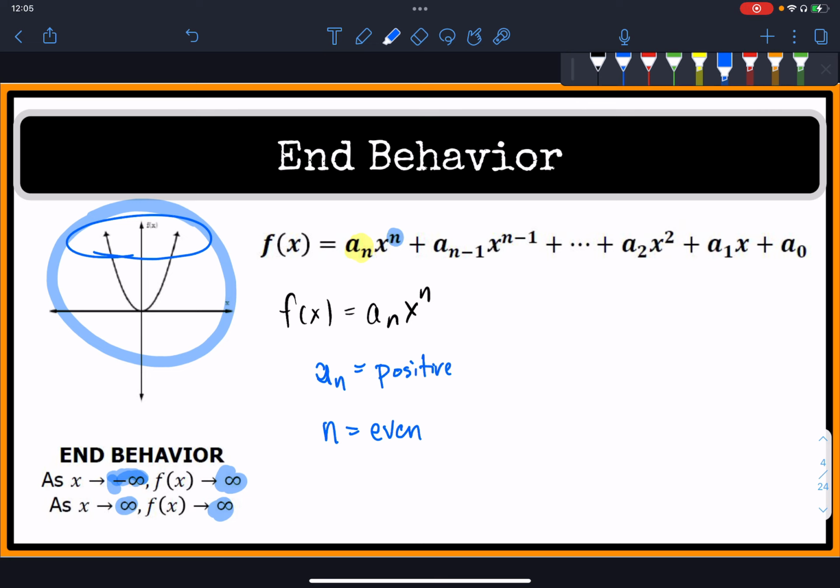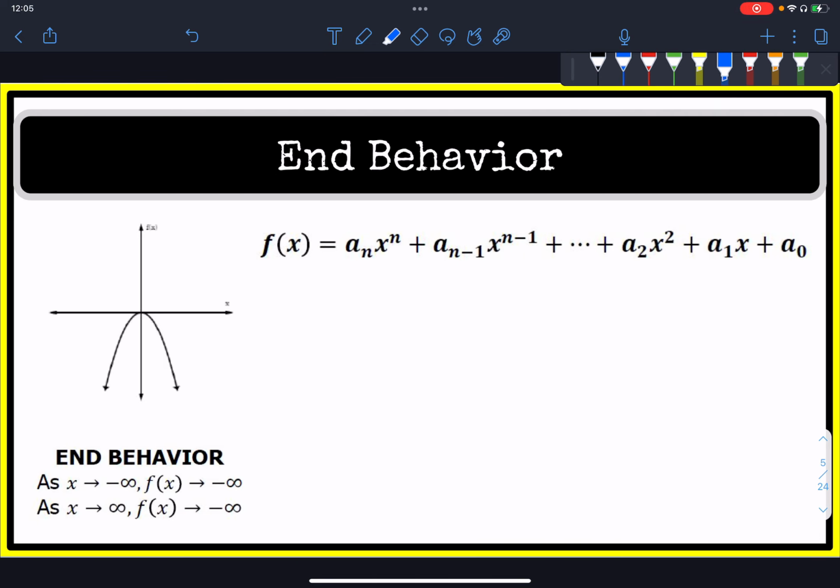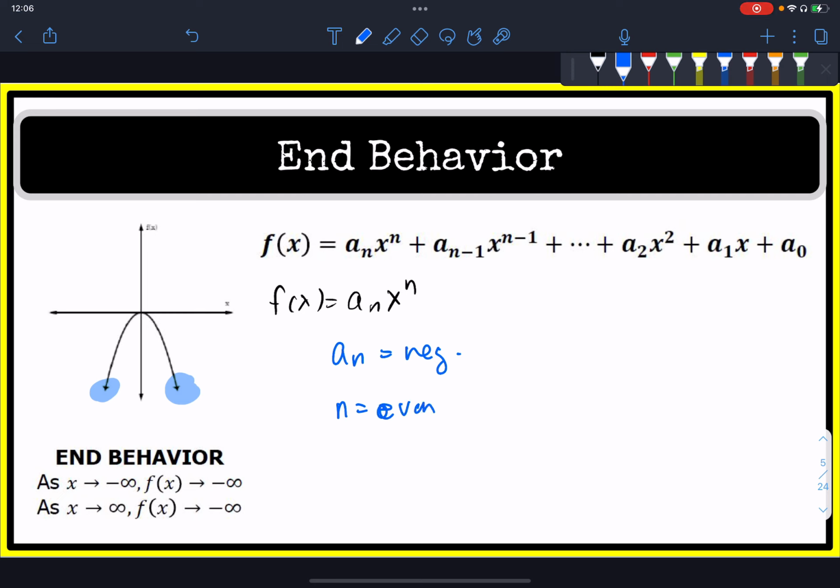Now, if all I do is reflect that, flip that downwards like this right here, the ends of our polynomial are going to be pointing downwards and behave like this power function, just as long as the first term, our leading coefficient and degree, has the same characteristics, where a is some negative number and our exponent is still some even number. Because all we're doing is simply reflecting it, it behaves just like that power function there.